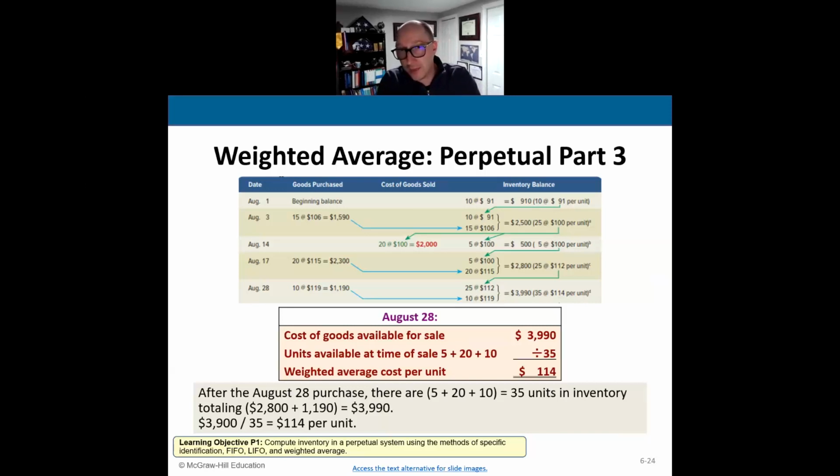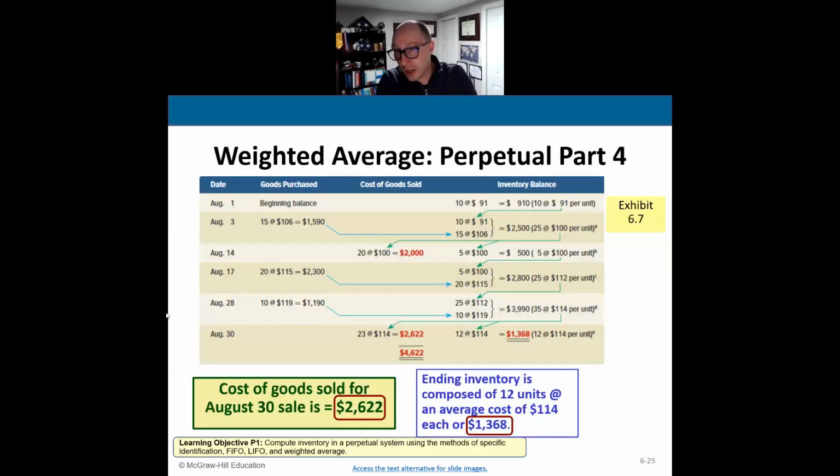See how that works? And then August 30, as you know, I made some sales. I sold 23 bicycles that day, and the average cost was $114 per bike. You see? So that gives me cost of goods sold total of $4,622 for weighted average.